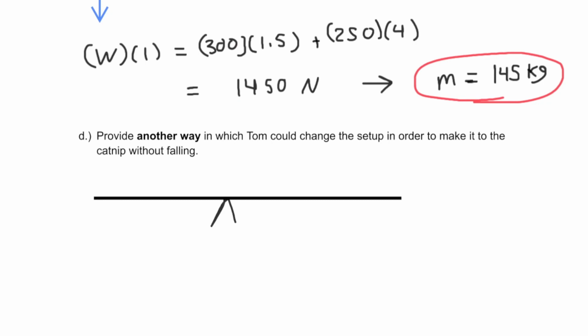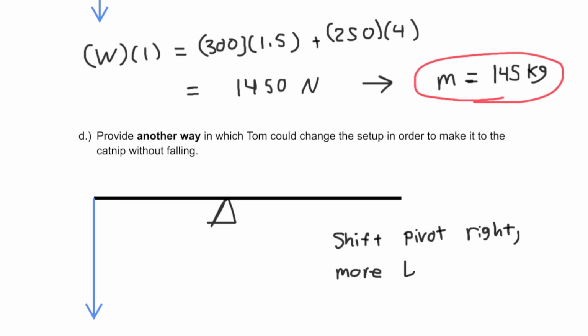So if you shift the pivot point to the right, so if you shift the pivot right, more balancing torque is provided by the weight.